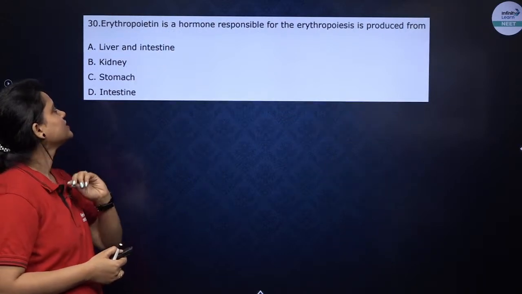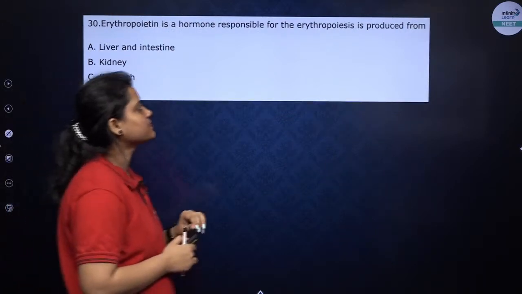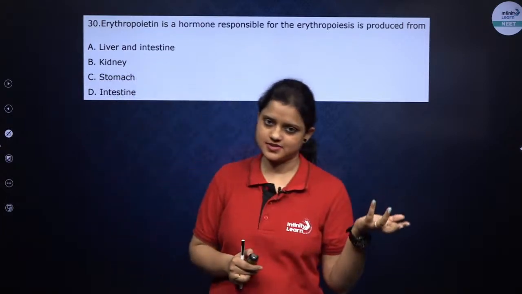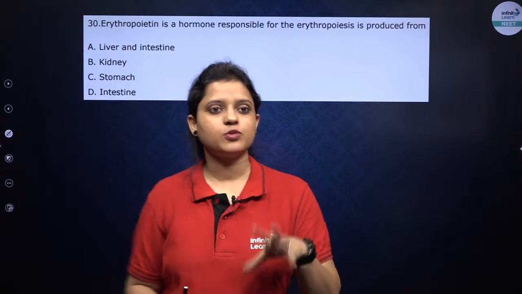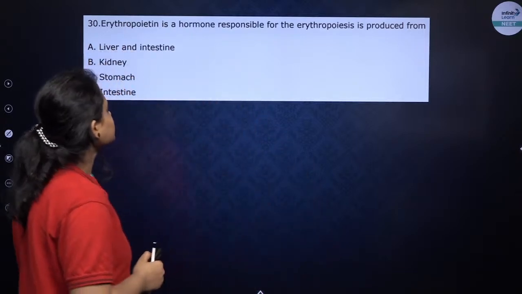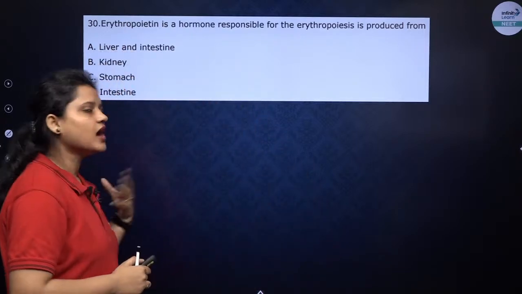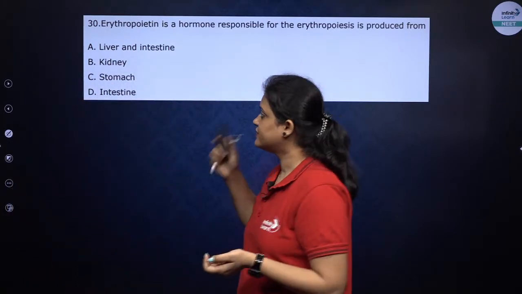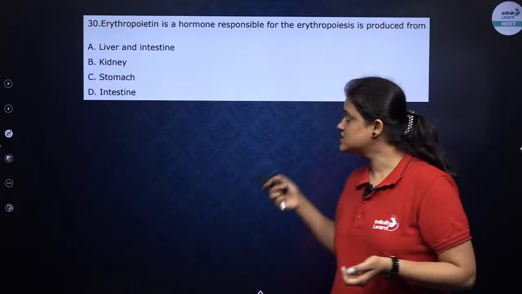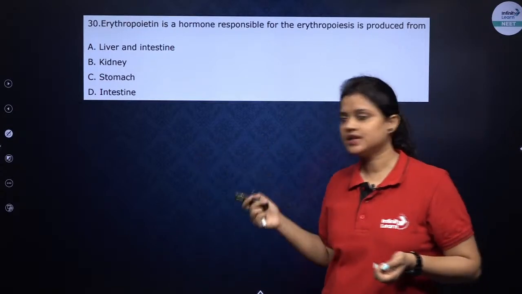So next question. Erythropoietin is a hormone responsible for erythropoiesis. Erythropoiesis is formation of RBC. So erythropoiesis के लिए erythropoietin responsible है, but ये कहाँ से produce होता है? It is produced from where? In option you have liver and intestine, kidneys, you have stomach, again intestine.